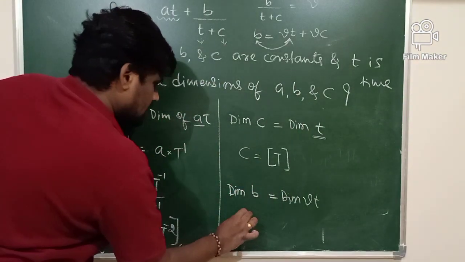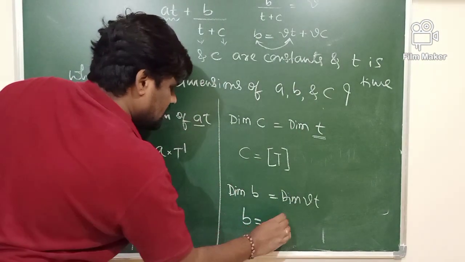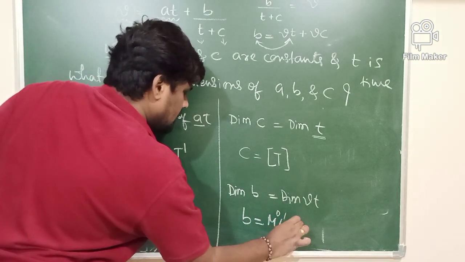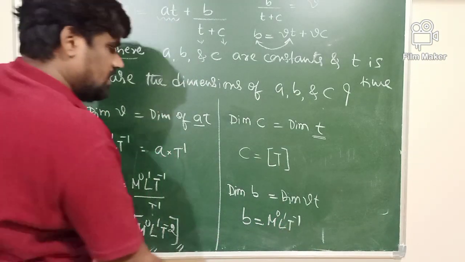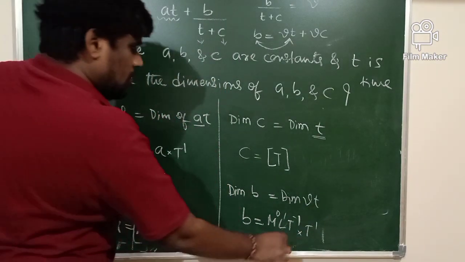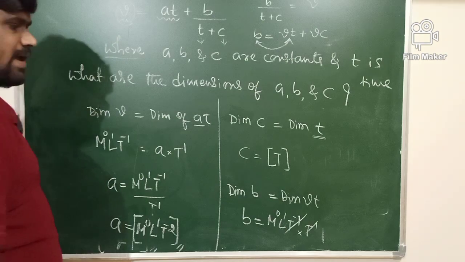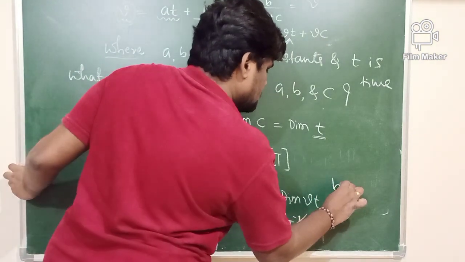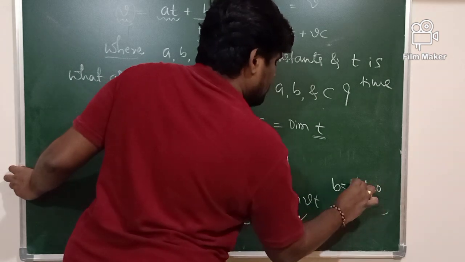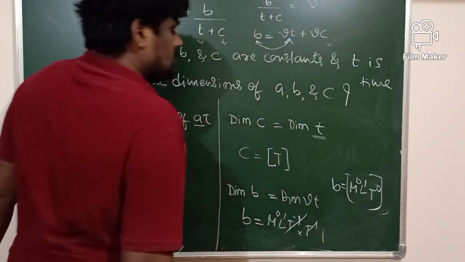What is V here? V, that is velocity. Velocity is M0 L1 T power minus 1. What is T? T is time. T power plus 1. T power minus 1 plus 1 gets cancelled. Then what is B? The dimensions of B is M0 L1 T power 0.